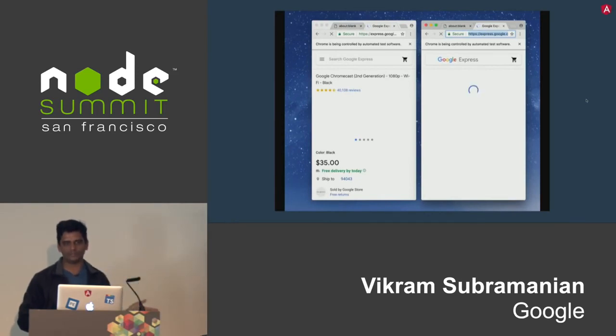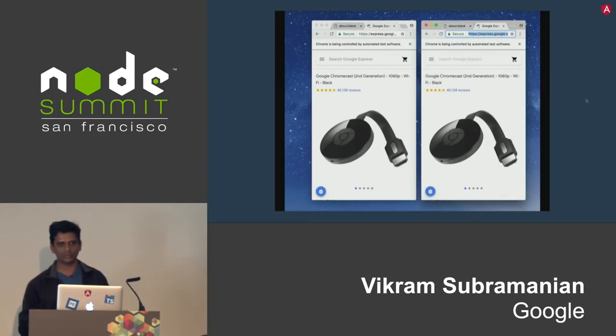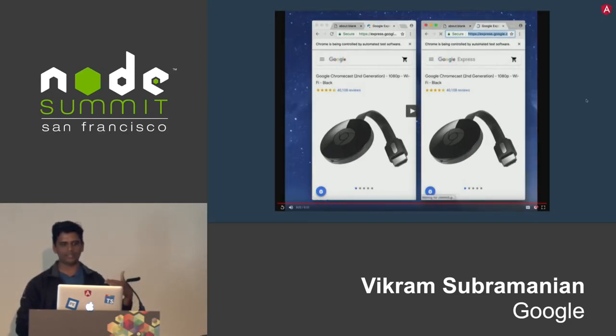As you can see on the left-hand side, the server-side rendered version shows important data much quicker than the client-side rendered version, and you could almost browse through what the product page is saying even before the full page loads. So this is the real advantage of server-side rendering, and we are now able to deliver it to Google Teams also.